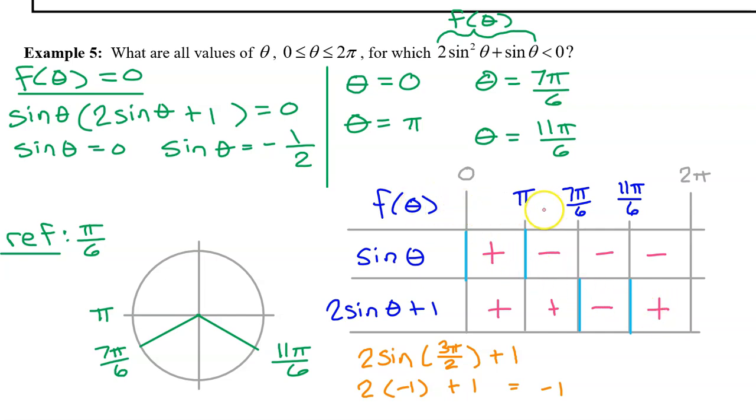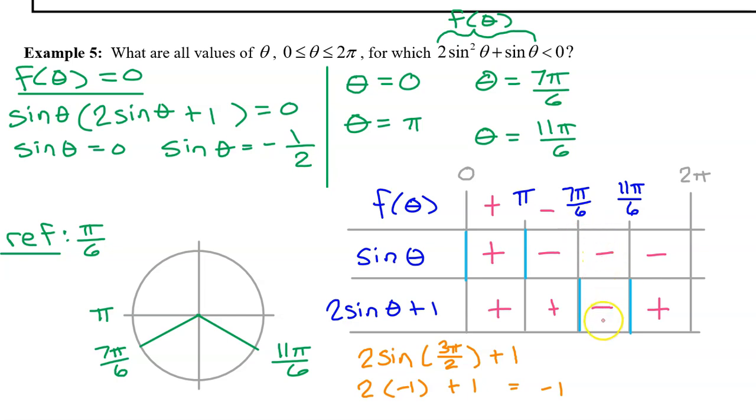What about the overall sign of f of theta? We're basically counting the negative signs. This first interval has no negative signs, so f of theta is positive. An odd number of negative signs means the overall sign will be negative.